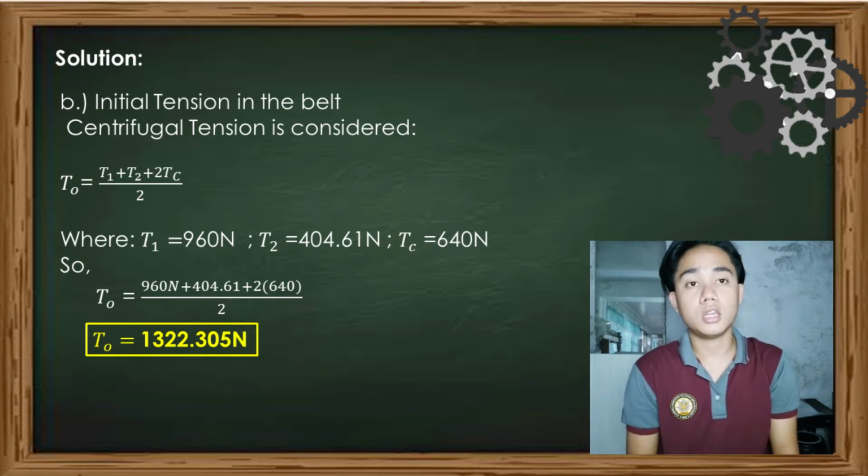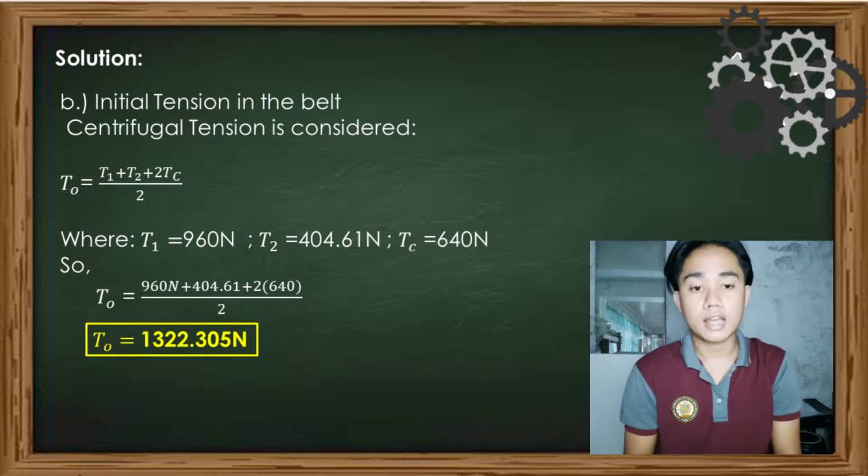The formula is T0 is equal to T1 plus T2 plus 2Tc, divided by 2, where T1 is 960 N, T2 is 404.61 N, and Tc is equal to 640 N. So let's solve for T0. T0 is equal to 960 plus 404.61 plus 2 times 640, divided by 2. So the answer is T0 is equal to 1322.305 Newton.